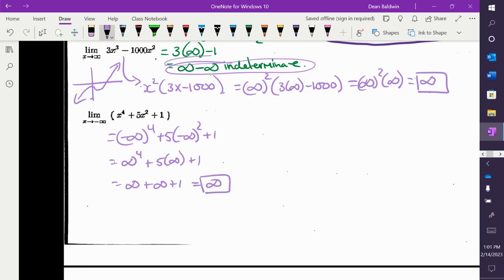What's the answer? Infinity? Right? Because if you put in negative infinity and you raise it to the power of 4, you get positive infinity. And then negative infinity to the power of 2 is positive infinity. Infinity to the 4 is infinity. 5 times infinity is infinity. You can add infinities. That just gives you a bigger infinity. I'm saying infinity a lot here. Right? Do you understand why there's different infinities?